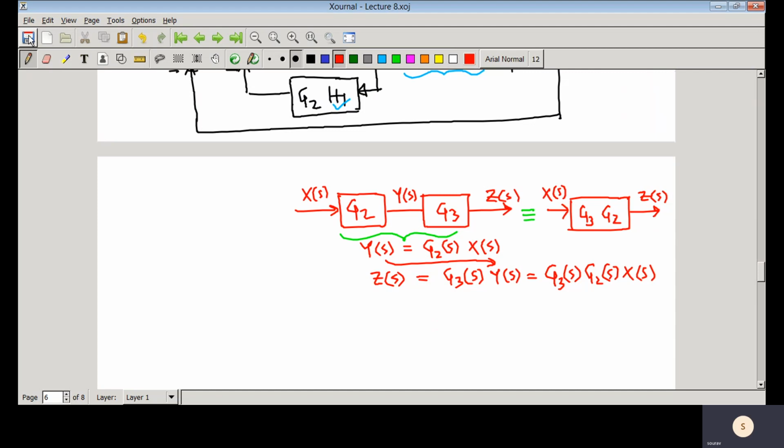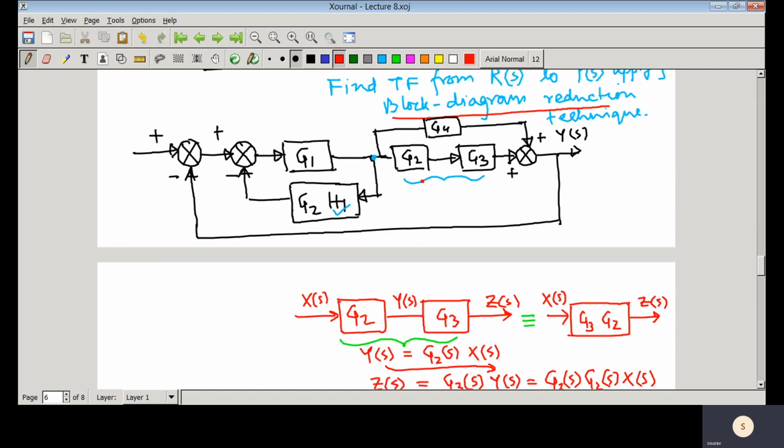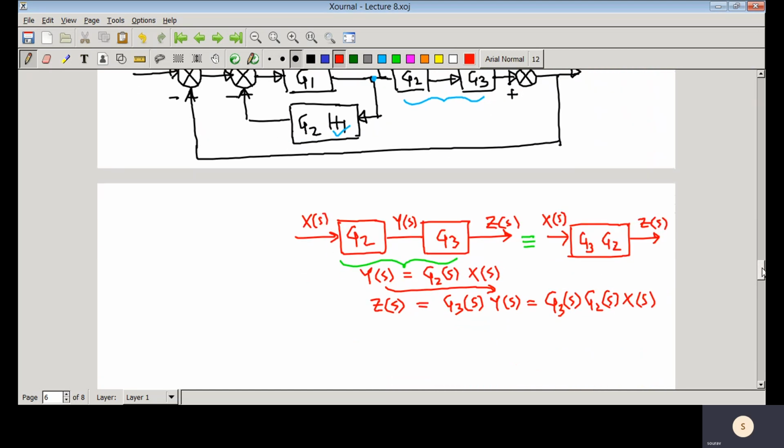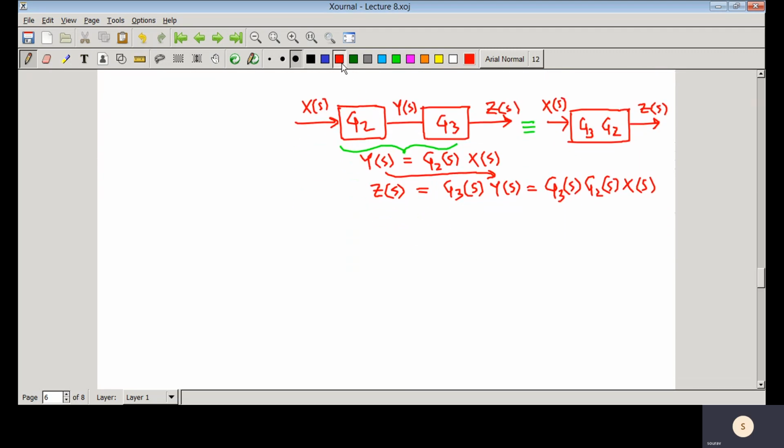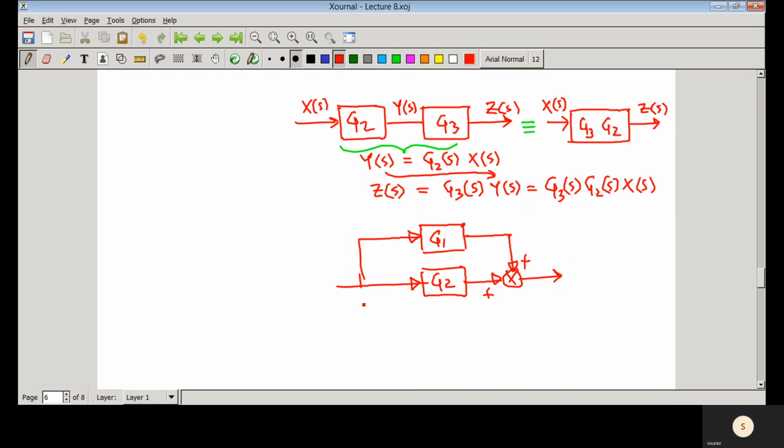So here we can simplify this part. That means we can write G2 into G3. And another thing we can see here: suppose you have G1 here and you have G2 here, and your signal is going like this. Suppose you have a comparator, this is plus and this is plus. Suppose this is XS, this is YS.